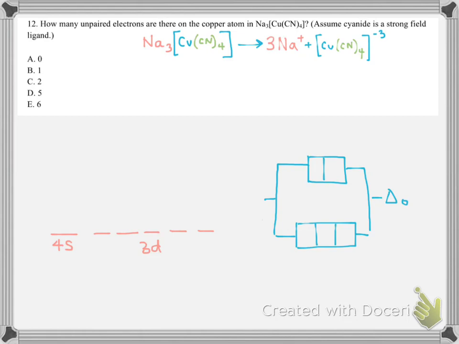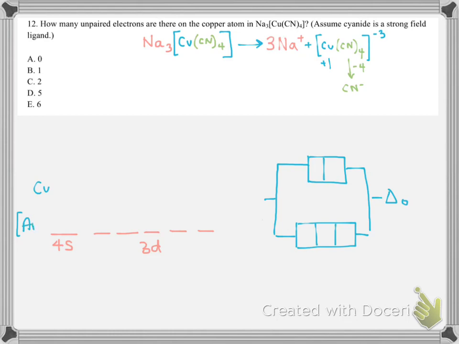Okay, so then we have to figure out the charge on the copper so we know how many electrons to keep track of. Cyanide, each one has a -1 charge, so these would be contributing an overall -4. And so that means our copper would have to be +1. To start, I'm going to draw the configuration for just copper neutral first.